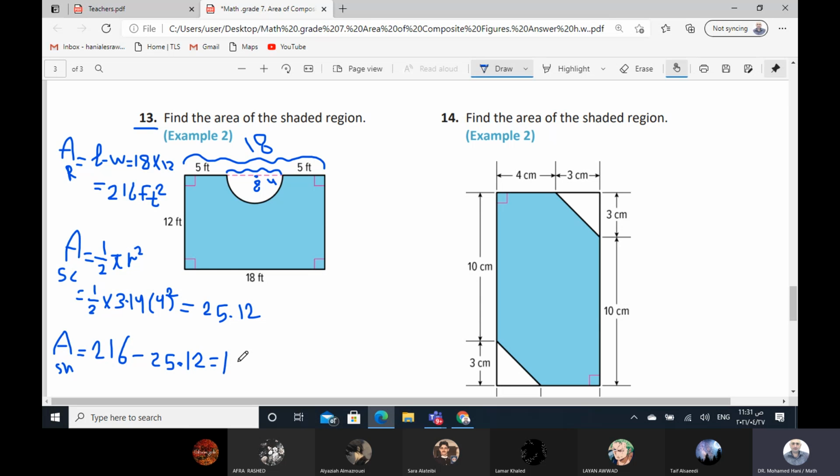So the answer will be 190.88 ft squared. Who has any question here?